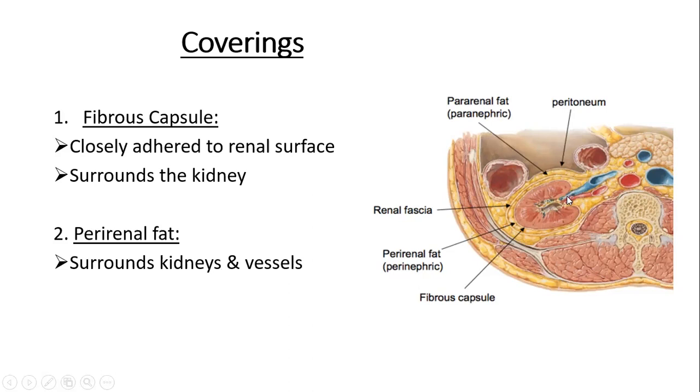You can see here a closely adhered layer of fibrous capsule on the outer surface of a kidney. Outside it, we have the perinephric or perirenal fat, which extends up to the attachment of the renal vessels in the hilum of the kidney.